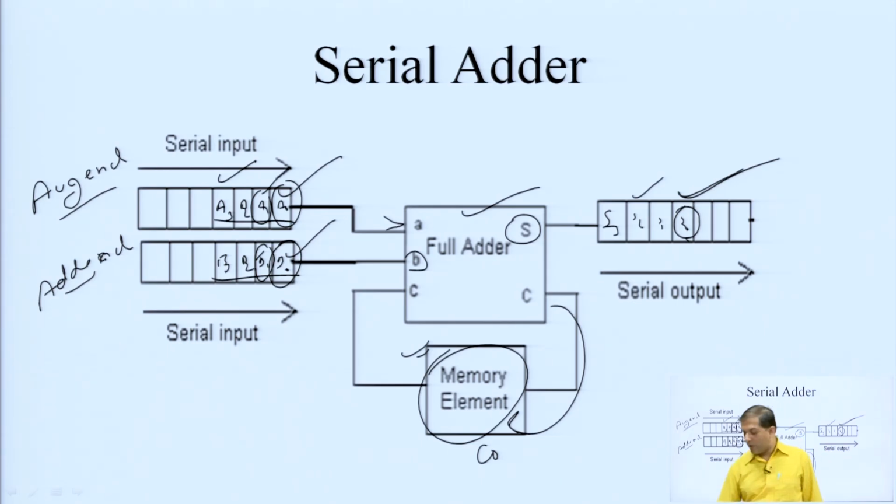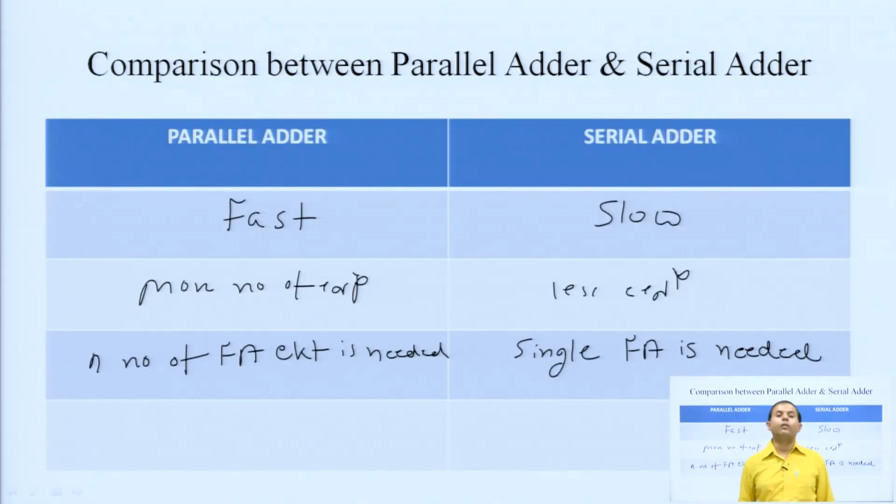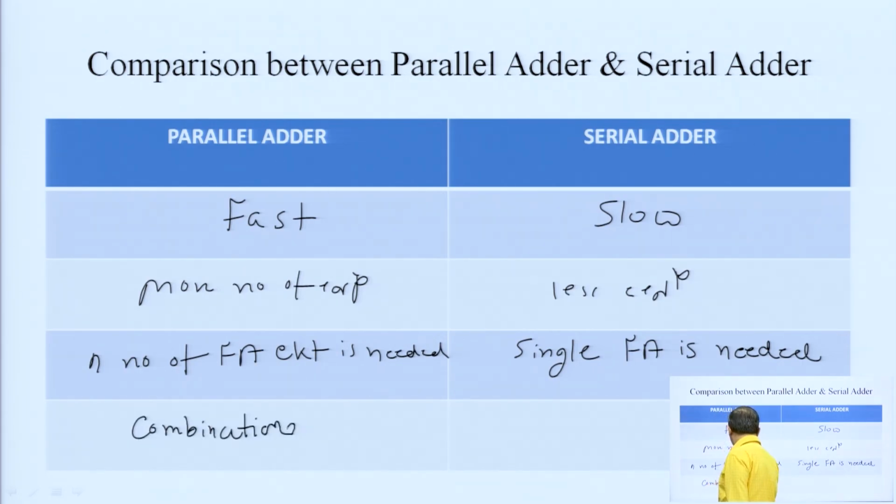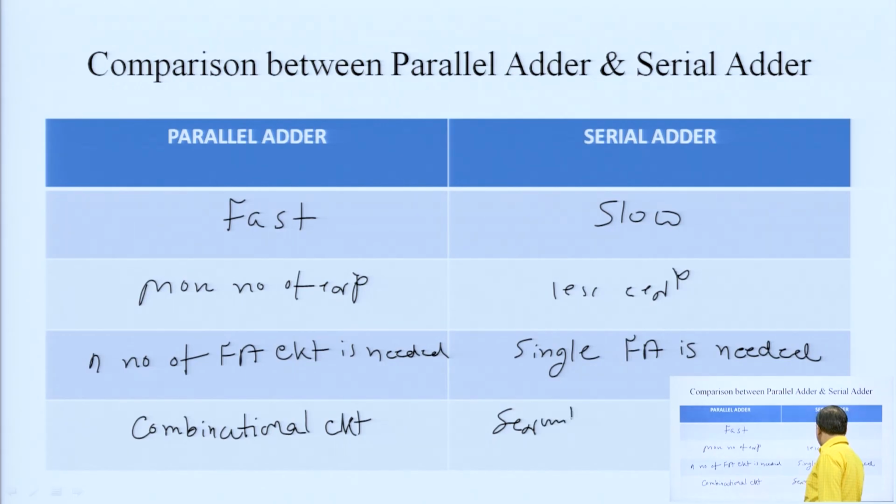So, here the memory concept is used. For that reason the serial adder is a sequential circuit. So, the last difference is that the parallel adder is an example of a combinational circuit, whereas the serial adder is nothing but a sequential circuit.